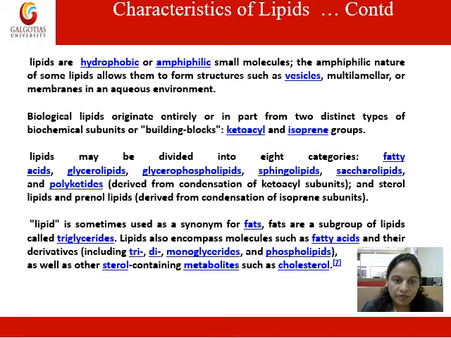Biological lipids originate entirely or in part from two distinct types of biochemical subunits or building blocks: ketoacyl and isoprene groups. Lipids may be divided into eight categories: fatty acids, glycerolipids, glycerophospholipids, sphingolipids, saccharolipids, and polyketides.